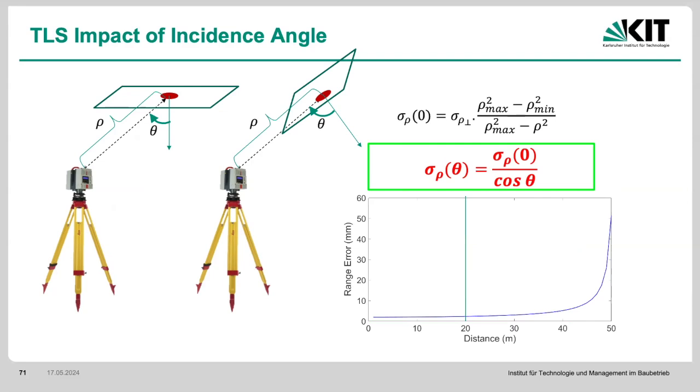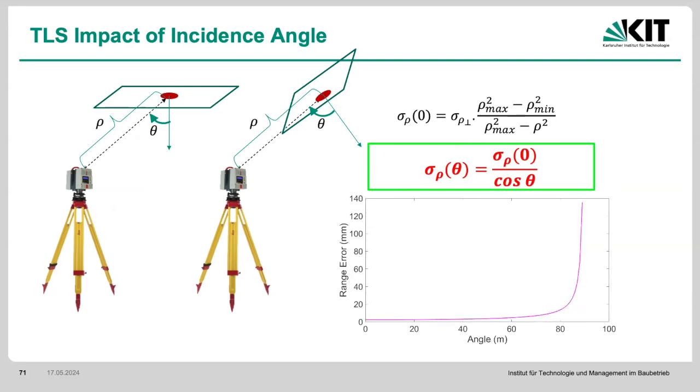Here, 20 meters for the distance, but in terms of the angle, somewhere around 60 or maximum 70 is what most researchers recommend for the incidence angle. Anything larger than that, the error is going to be significantly higher, and it's not going to be worth it, especially for aspects like dimensional compliance and tolerance.